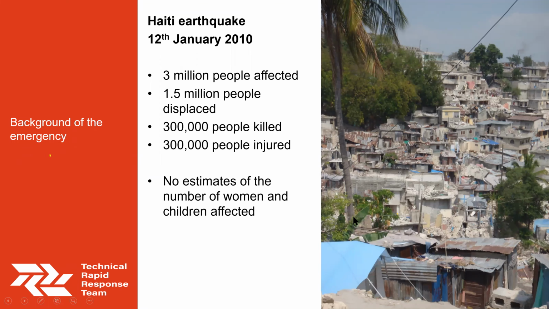The Haiti earthquake was nearly a decade ago now. It happened on the 12th of January 2010. It was a massive earthquake that measured 7.3 on the Richter scale, and the epicenter was close to the capital, Port-au-Prince. 3 million people were affected, which was 30% of the whole population of Haiti, and half of these people were children.